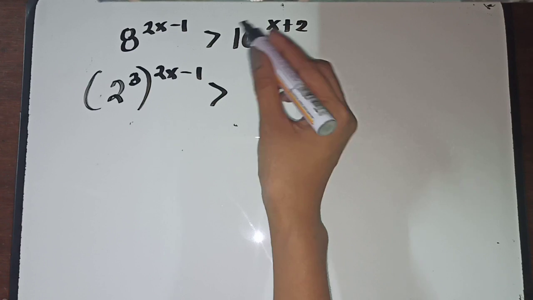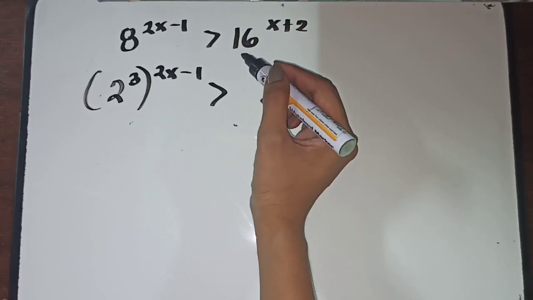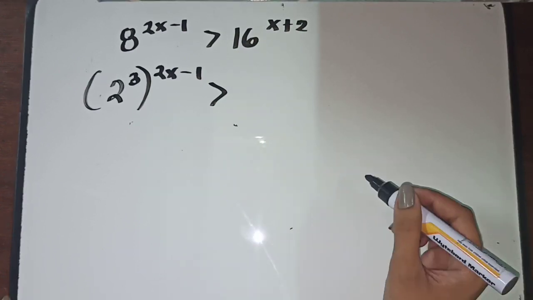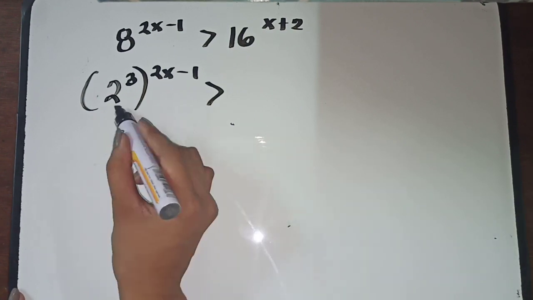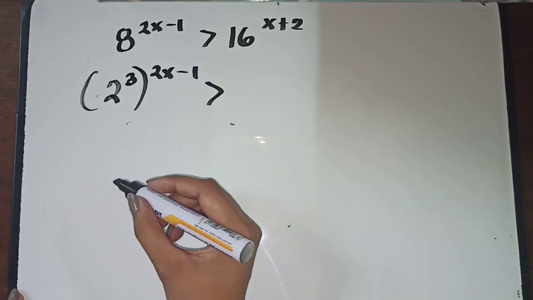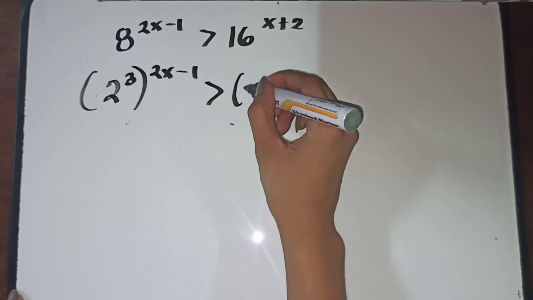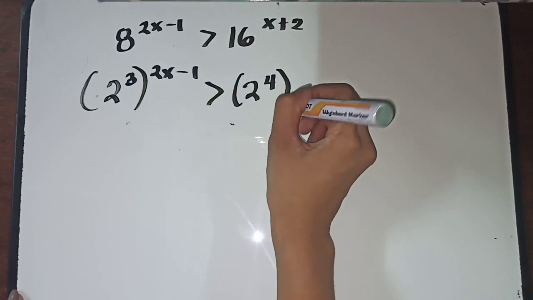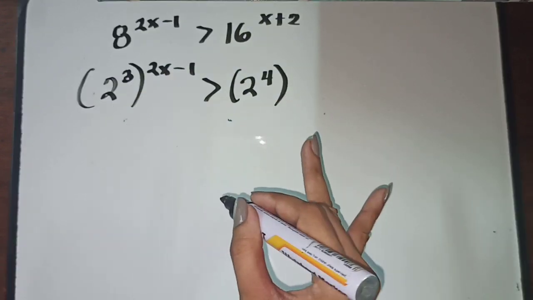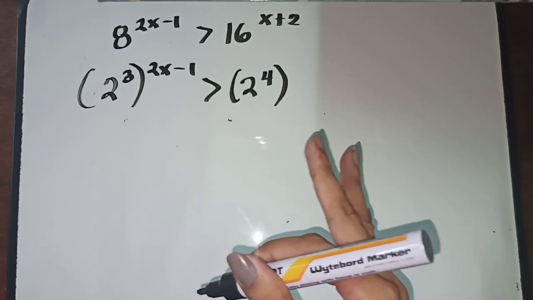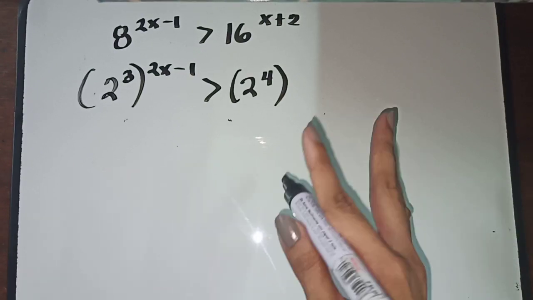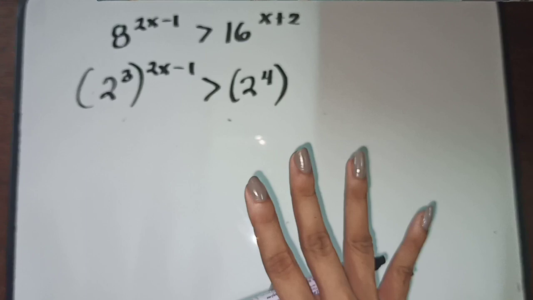And this 16, you need to change this into an exponential form. Ano yung exponential form ni 16 na mayroon na base na 2? That is 2 raised to 4. 2 multiplied by 2 is 4, multiplied by 2 is 8, and multiplied by 2 is 16.